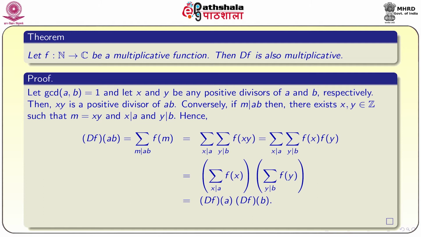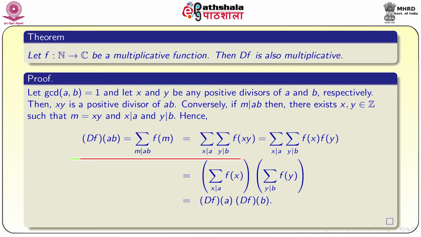Let x and y be any two positive divisors of a and b respectively, then xy is a positive divisor of a into b. Conversely, if m divides ab, then there exist x and y in Z such that m is equal to xy, and also x divides a and y divides b. This is easy to verify.